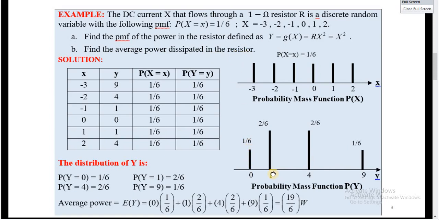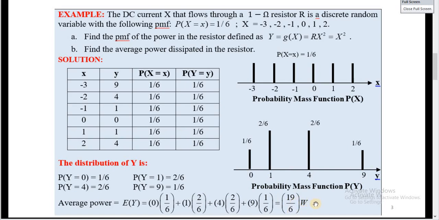The second part is find the average power dissipated in the resistor. So we need to find the expected value of the power, and we know how to find the expected value of a discrete random variable. We multiply each value of y with the corresponding probability. So it's 0 times 1 over 6, plus 1 times 2 over 6, plus 4 times 2 over 6, plus 9 times 1 over 6, and the result is 19 over 6 watts.